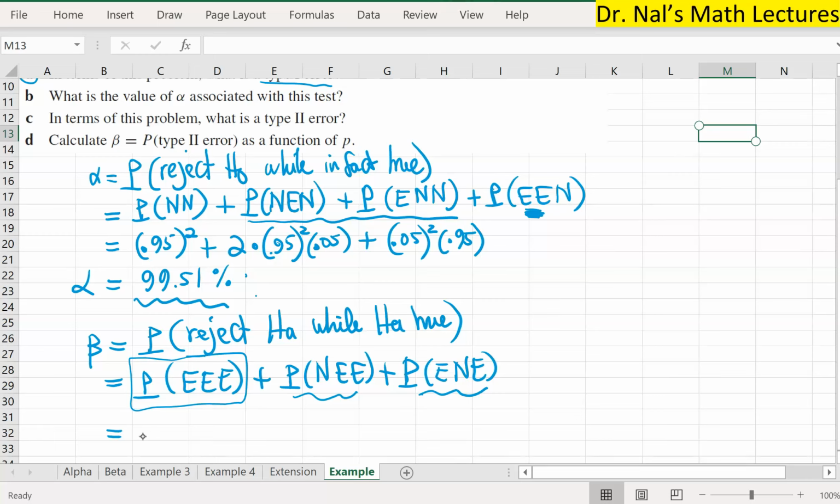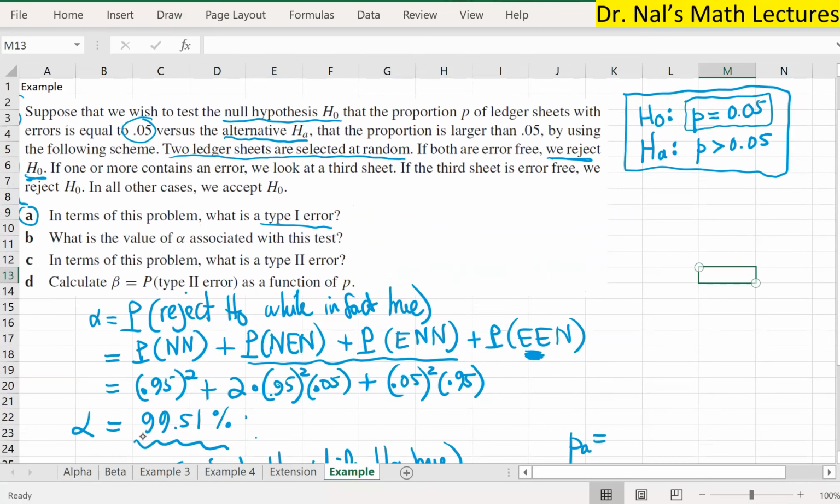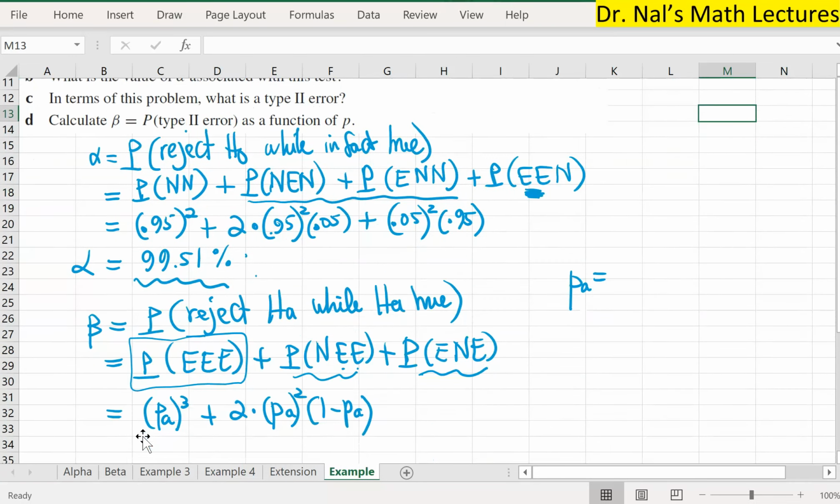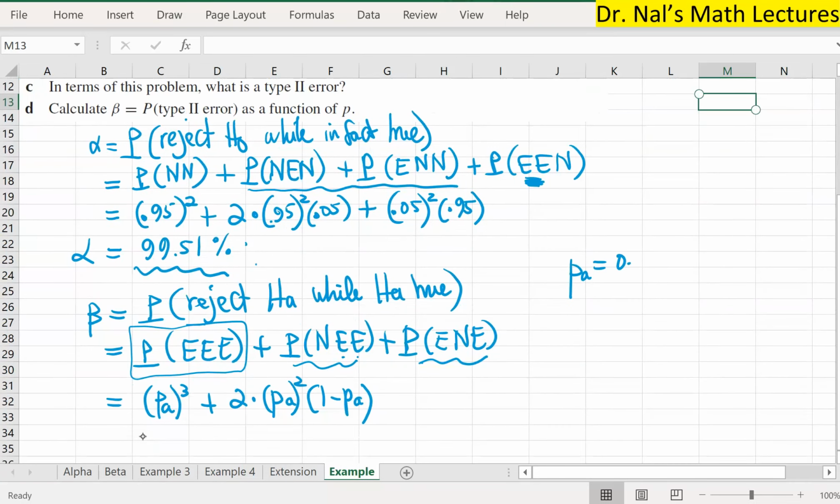Just to clarify this, suppose that the alternative claims that PA is really, remember the alternative is more than 0.05, so suppose it's 0.1. So what we can do is we can just plug it in.